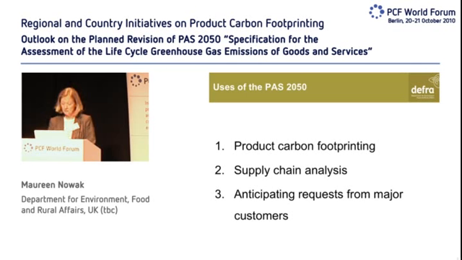And the latter has really been in anticipation of requests from major customers, such as large retailers. And I think this last fact is quite important because it actually points out the power that large retailers or large companies have to be able to influence the behavior along the supply chain and therefore to drive change.